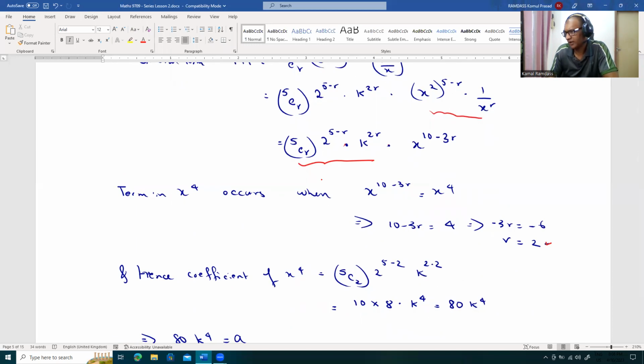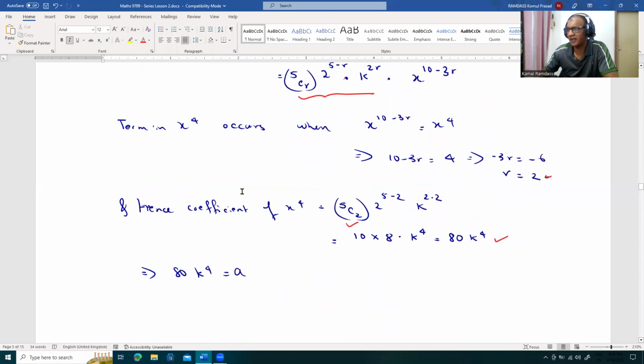That means we get 10 times 8, 2 to the power of 3 is 8, times k to the power of 4, so we get 80k to the 4. And that is the first answer: A is equal to 80k raised to the power of 4.